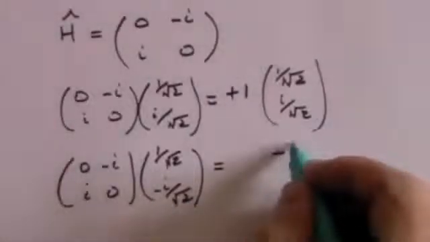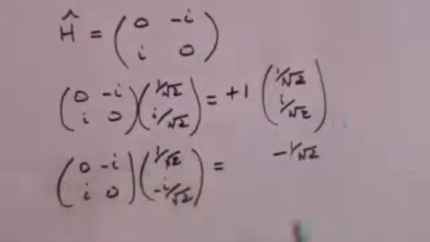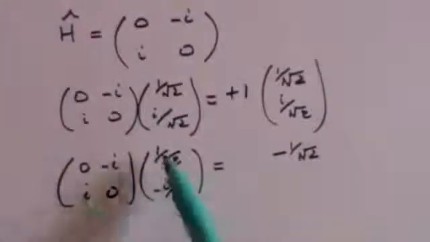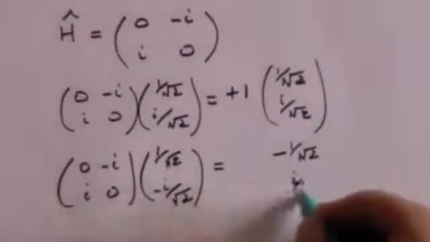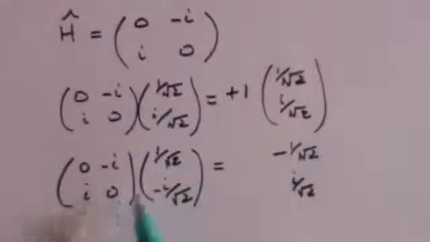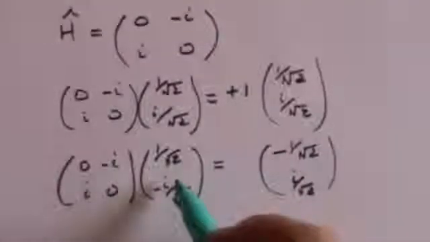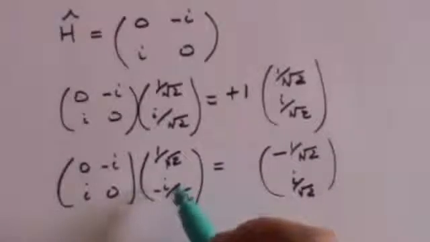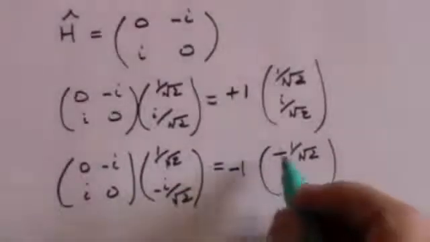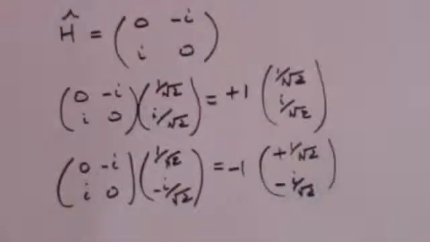We're going to get minus 1 over root 2 at the top, and at the bottom we're going to get i over root 2 because that term becomes 0, and that is not the same as this. But I can make it the same as this just by multiplying everything by minus 1, and now you've got that the eigenvalue of the anti-clockwise is minus 1.